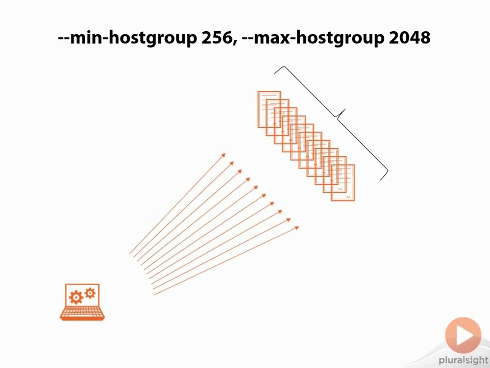When scanning a large group of targets, you'll see a bunch of results spew across your screen in one big chunk and then nothing for a minute or two, then another big chunk of data and then nothing. This repeats until the scan is complete. Nmap is scanning targets in the defined host group size and displaying the results as each host group completes. These options control the size of the data chunks.